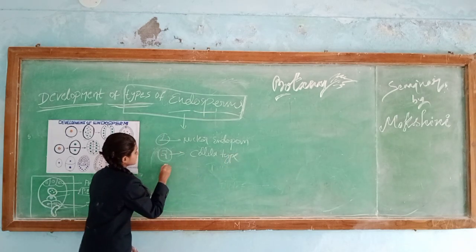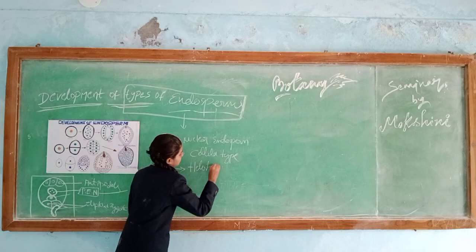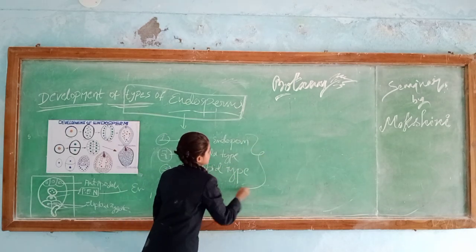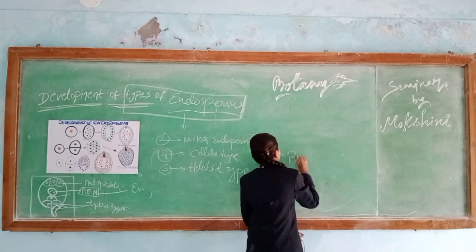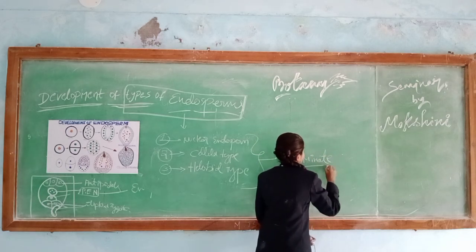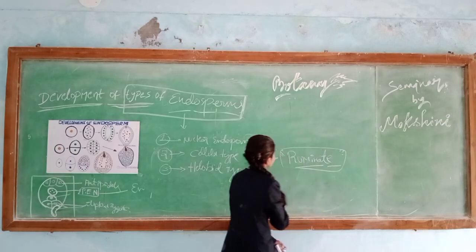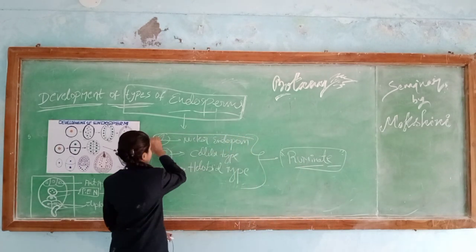The final one is the helobial type. Along with these types, one important endosperm is present, that is ruminate endosperm. Okay, let's begin with the nuclear type.